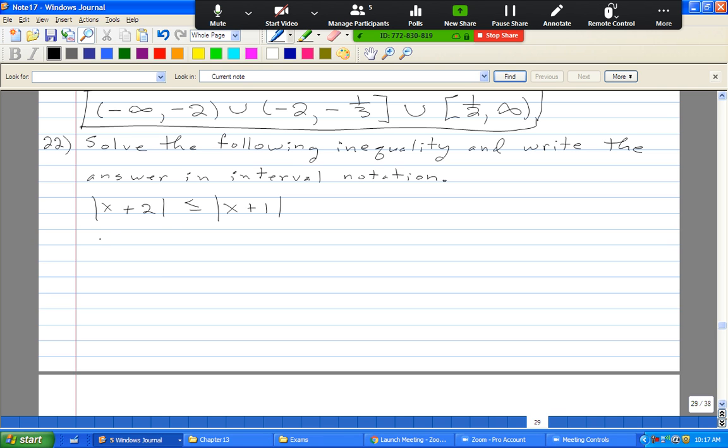Let's subtract x plus 2. Well, maybe I'll just leave it in this form and say determine critical numbers.